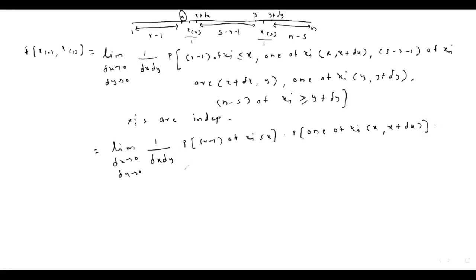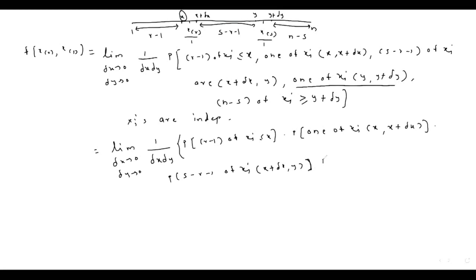Then I have probability that s minus r minus 1 of the xi, that is my third probability, are in between x plus delta x to y. Then what I have next, that is my next probability.